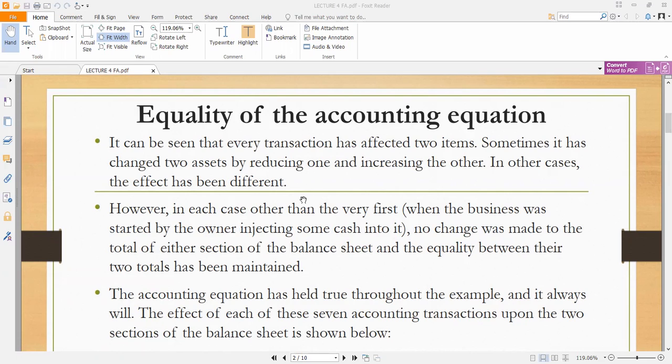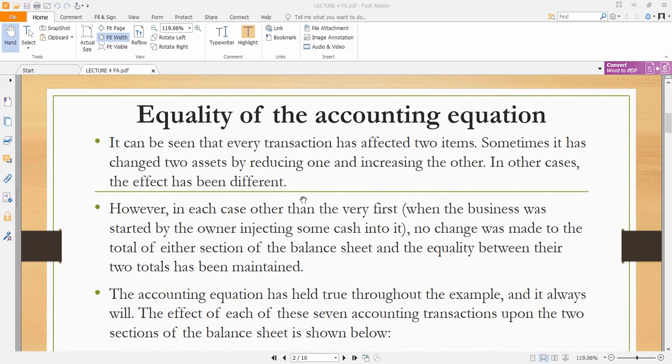Now, with that injection of that amount, there was no change. So we're saying that the totals of either section of the balance sheet were equal, and the equality between the two totals has been maintained.